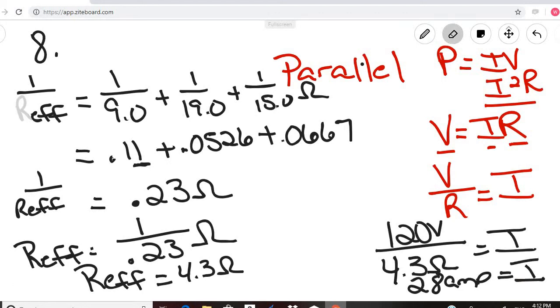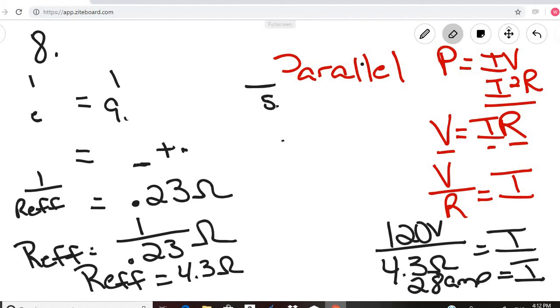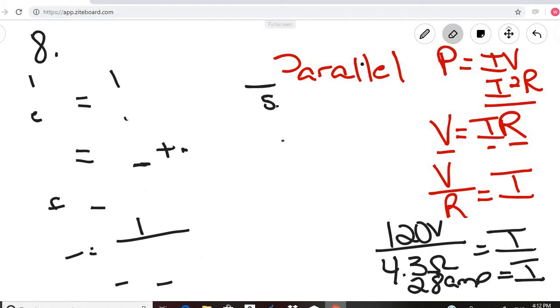Okay, now with that, we are able to calculate what we were ultimately asked for, which is the power.